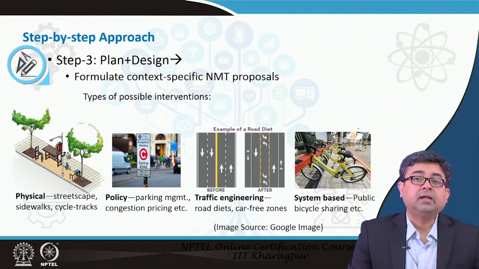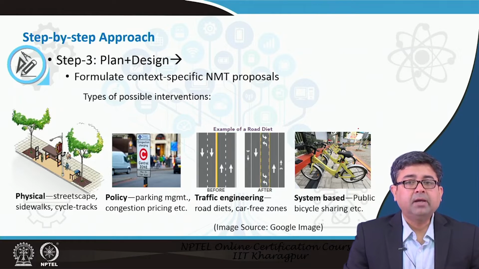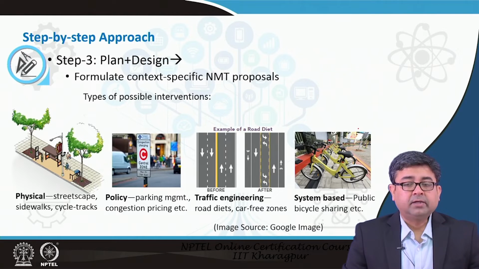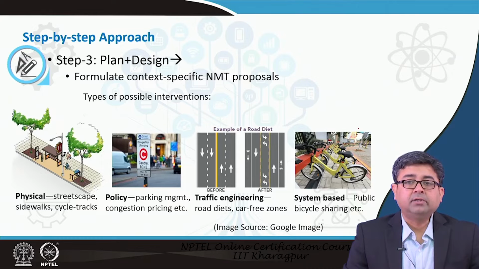gives you an understanding about the potential users of these NMT facilities, and by knowing the users, you can actually design and provide these solutions. So, for example, if there is an intersection where the population is mostly elderly, you would stay away from providing a foot over bridge at that intersection, because it is difficult for elderly people to cross over using a foot over bridge.